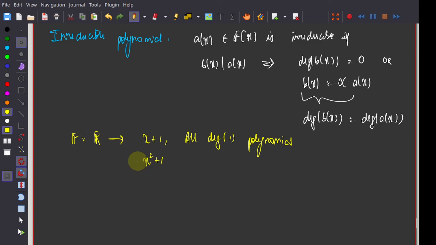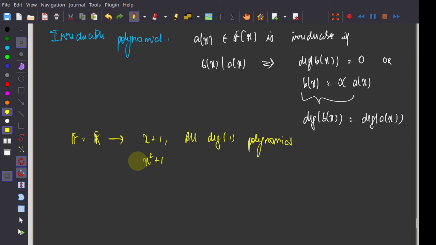Yeah. Should have at least one real root. So it's impossible to find any. So in the set of reals, there are no cubic irreducible polynomials. Yeah, for the real field.